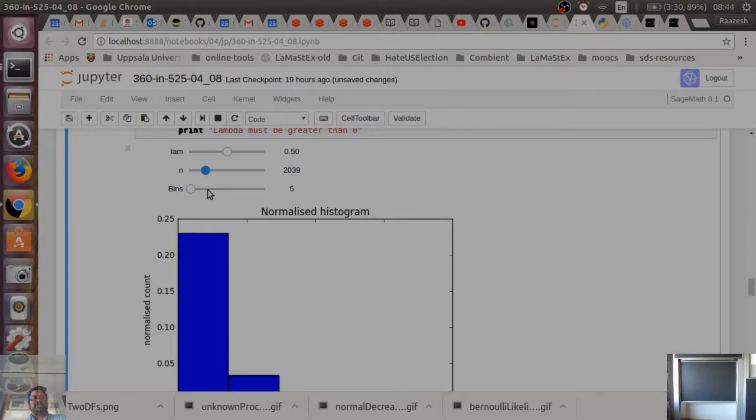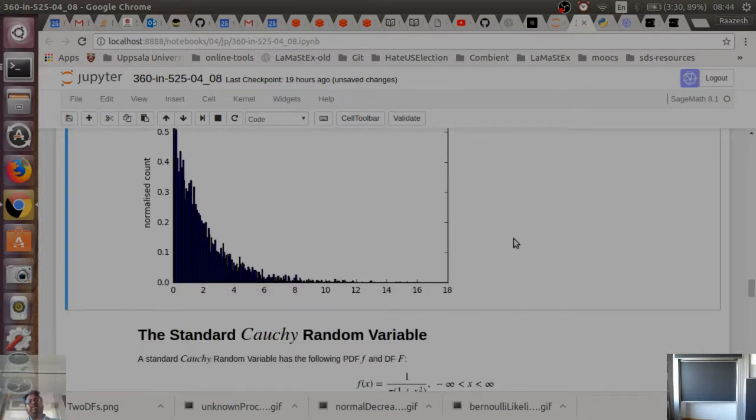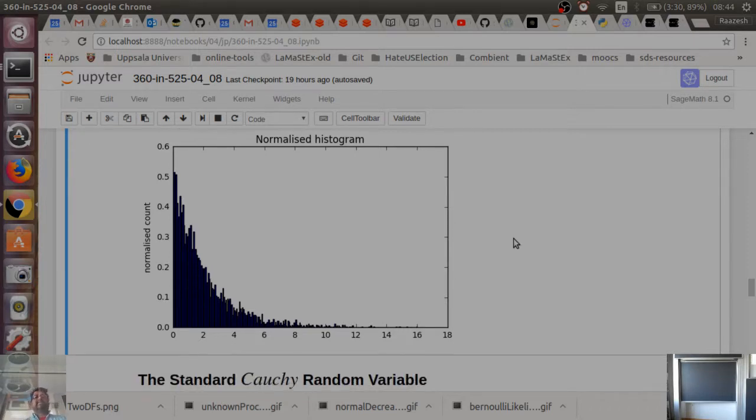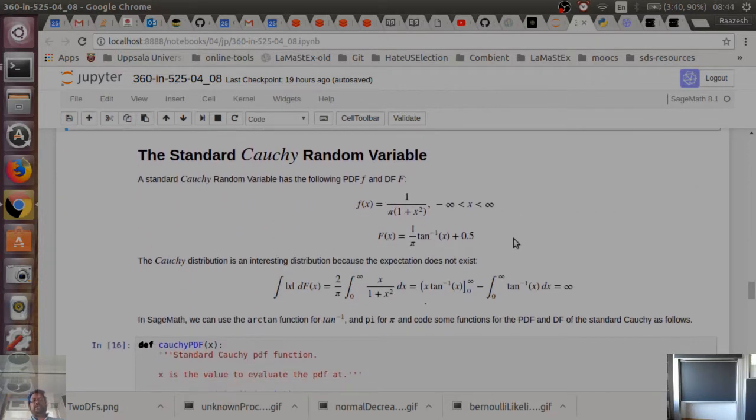If I have 2,039 samples and maybe 200 bins, and maybe a little more, you can start seeing that the normalized histogram should start hugging the PDF, up to making the number of bins just right. And I already told you that technically it's an open problem in mathematical statistics how to get the right bins for a given n.